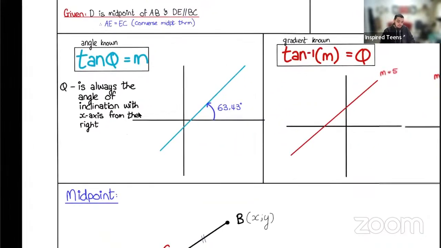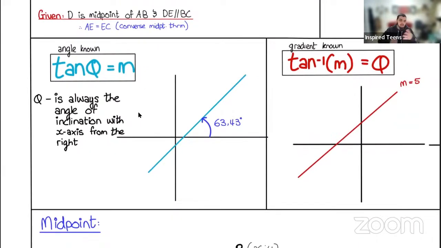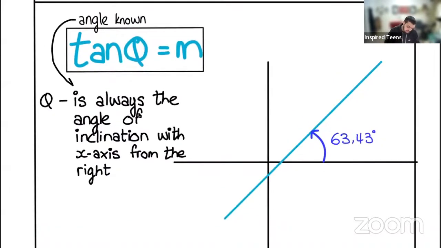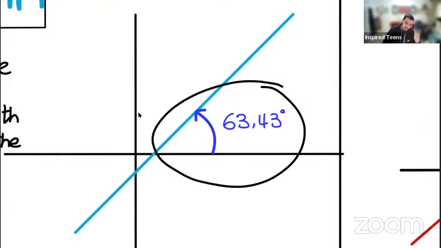So let's just see, when the angle is known versus when the gradient is known. When we say angle known, what angle is known? This angle theta is the angle of inclination with the x-axis from the right, which is depicted here in this little diagram.